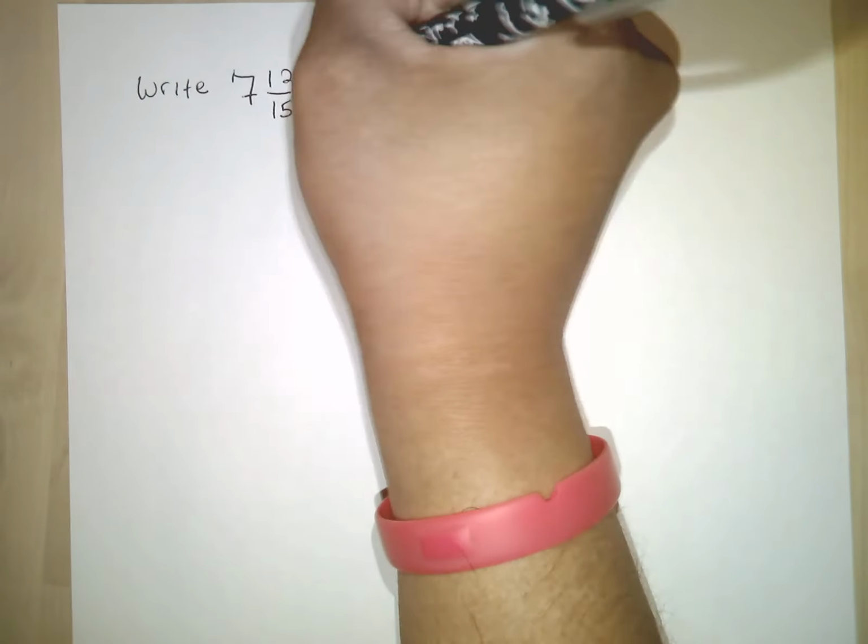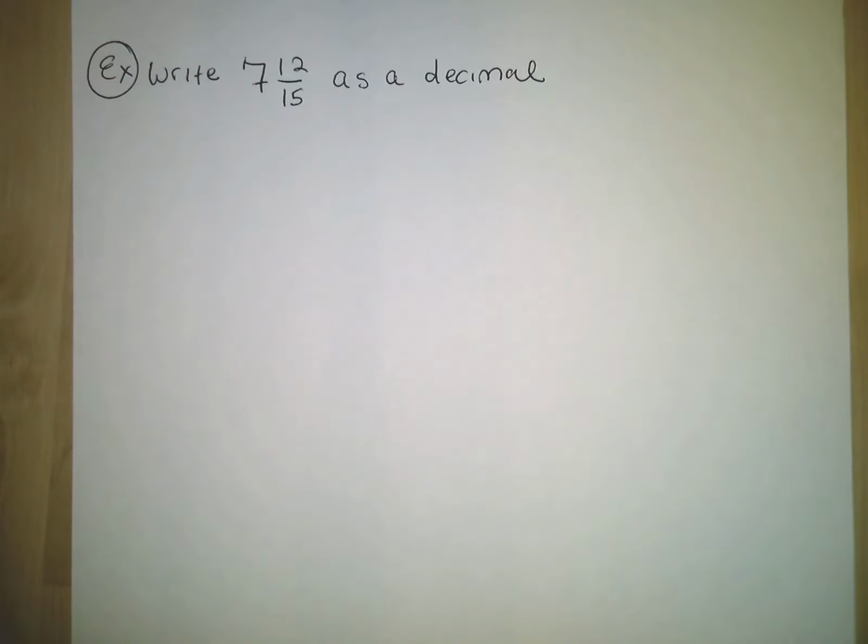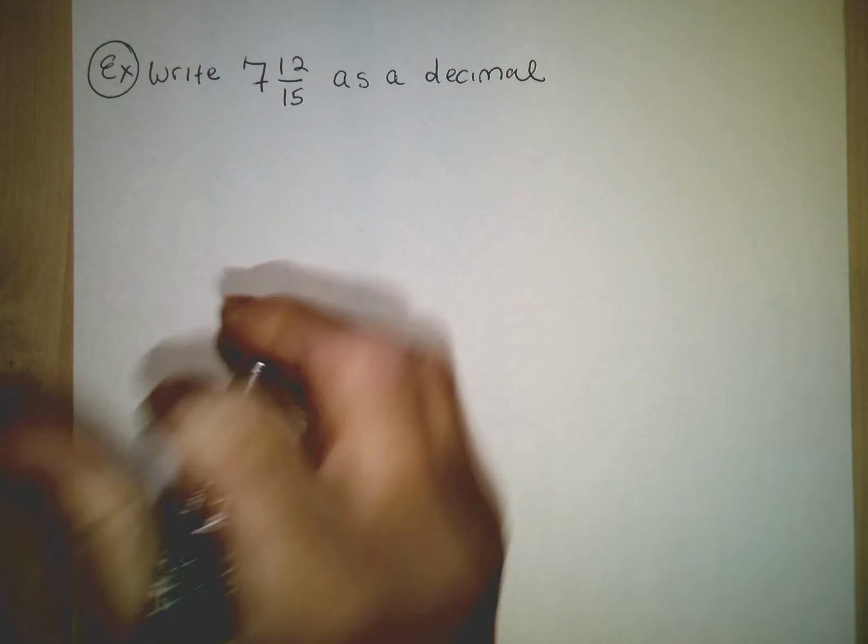Let's write 7 and 12 over 15 as a decimal. Here is another example of writing a fraction as a decimal.